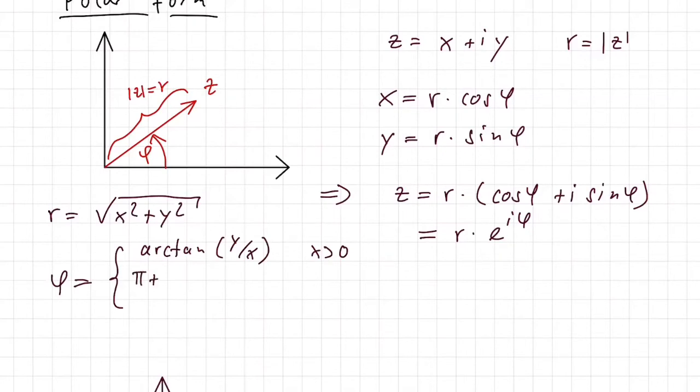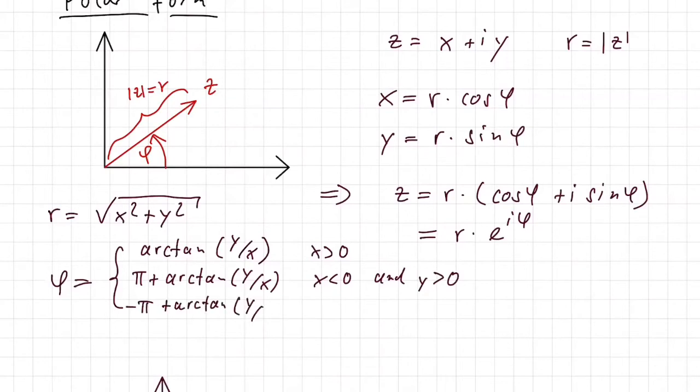Pi plus arctangent of y divided by x if x is smaller than 0 and y is larger than 0, and minus pi plus arctangent of y divided by x if x is smaller than 0 and y is smaller than 0.